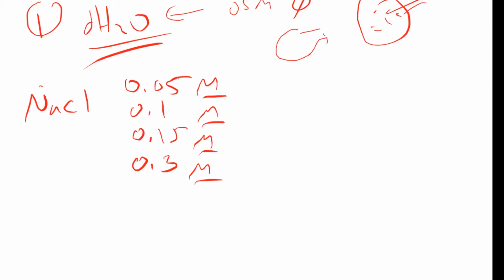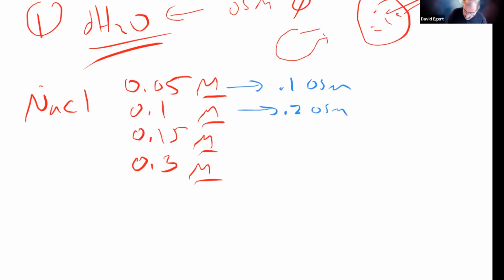Two times the molarity? Yeah, exactly. It's just going to be 2 times whatever the molarity is, because it dissociates into 2 different ions. This will become 0.1 osmolar. This will become 0.2 osmolar. This will become 0.3 osmolar. This will become 0.6 osmolar.